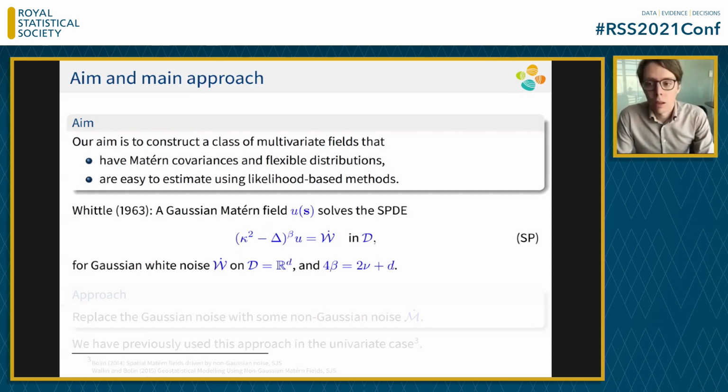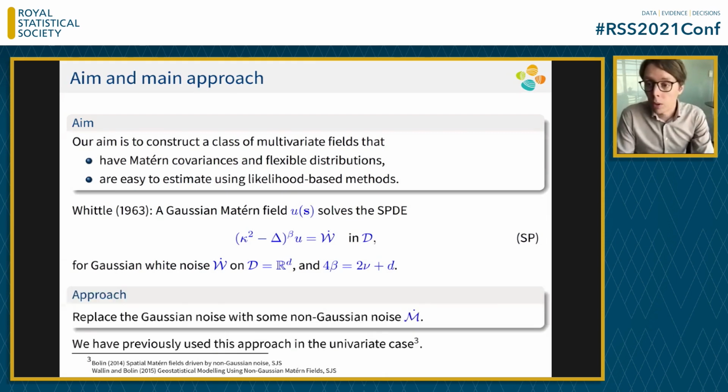And the main idea then was that we would use stochastic PDEs. The idea is based on this old observation by Peter Whittle, where he showed that if you have a Gaussian random field with a Matérn covariance function on R^d, it in fact solves this stochastic PDE where the right-hand side here is Gaussian white noise, kappa is this correlation range parameter, and beta is a parameter that is related to the smoothness of the random field.